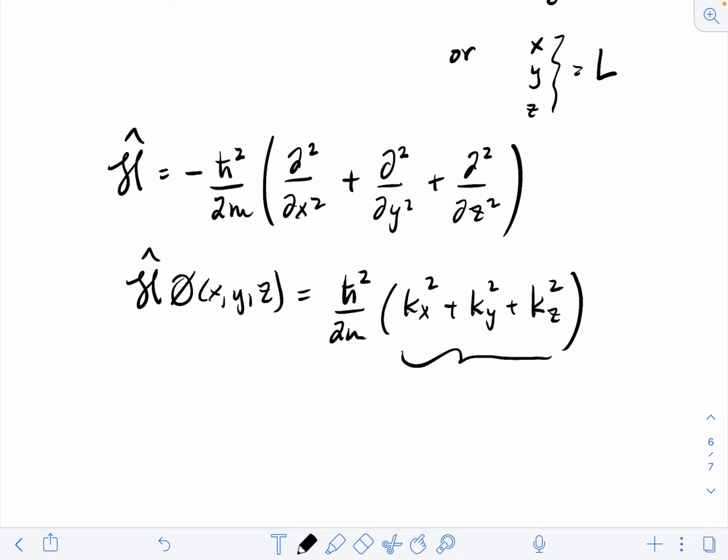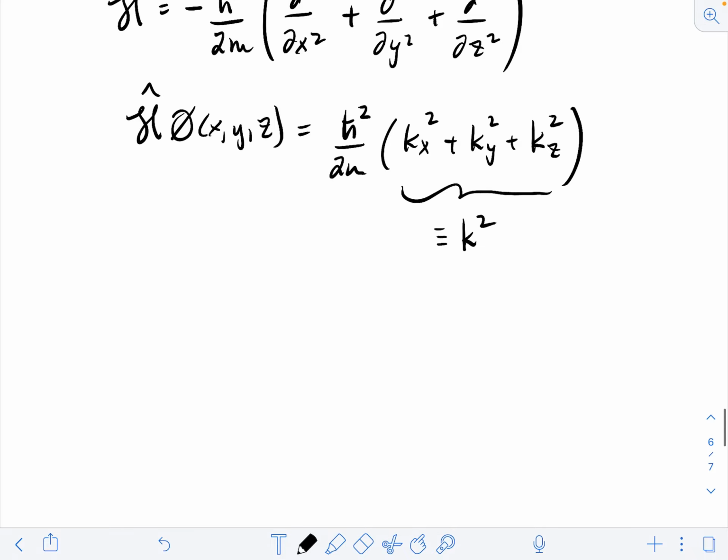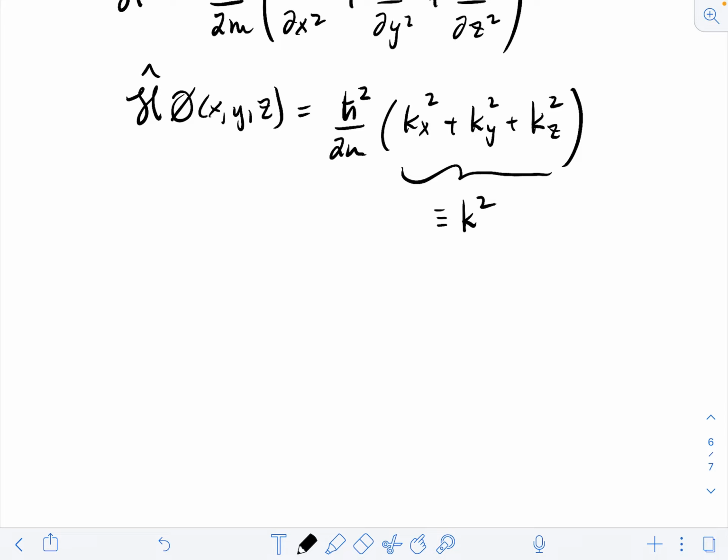And we can take these components, x, y, and z, and when you square them and add them up, what you get is the magnitude of the net k vector. So the square of the magnitude is k squared, and that's kx squared plus ky squared plus kz squared. And then if you put in the values of kx, ky, and kz, this is equivalent to h bar squared times pi squared over 2mL squared, times nx squared plus ny squared plus nz squared.